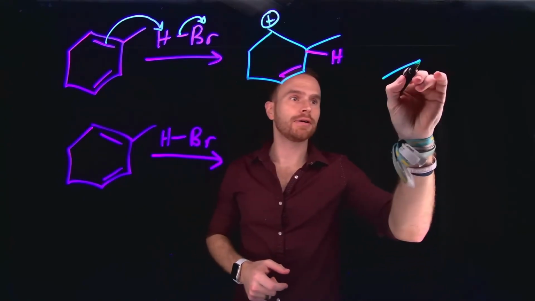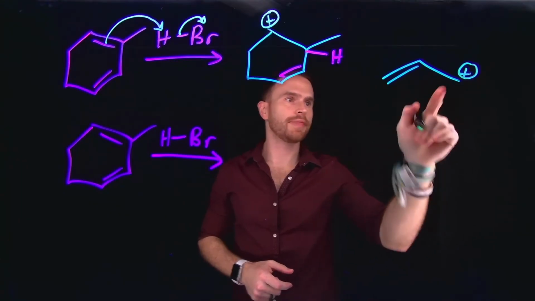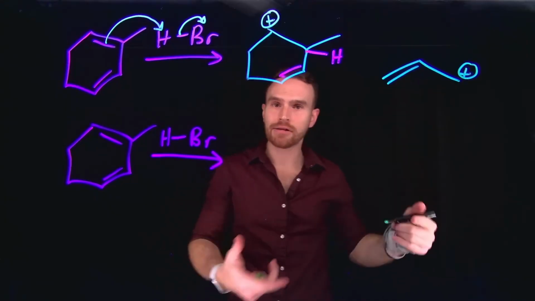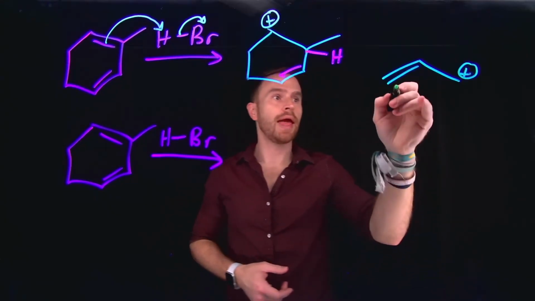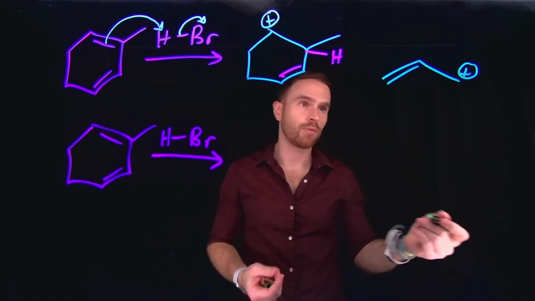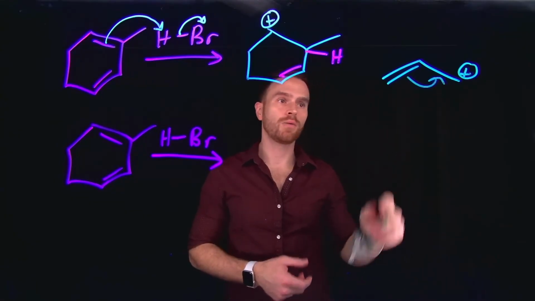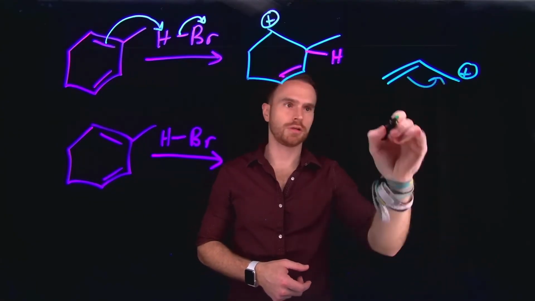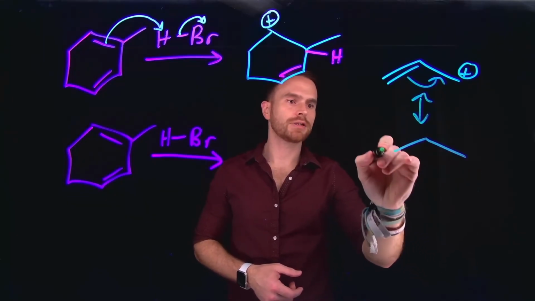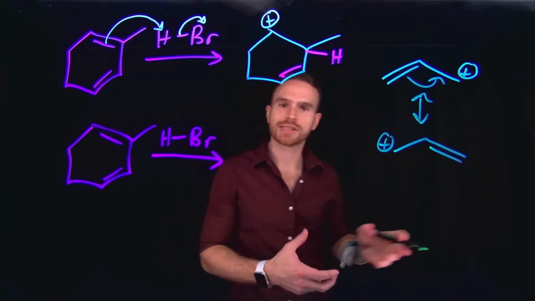So an allyl carbocation is going to be a carbocation that is adjacent to a pi bond. So this is an allyl carbocation, and we call it an allyl carbocation because it can be stabilized by resonance. So we know that these pi electrons can be delocalized, which can move them over to this position, leaving behind another resonance structure. And because we are creating a second resonance structure, this is actually a stabilizing feature.